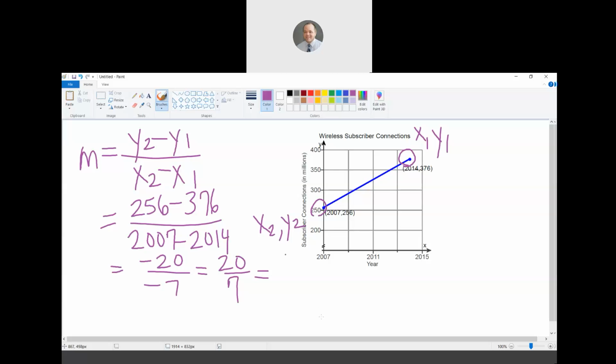And my math lab wants us to round our answer to the nearest whole number. Oh, I apologize. That numerator should be negative 120. My subtraction is wrong. So we're really dividing 120 by 7.